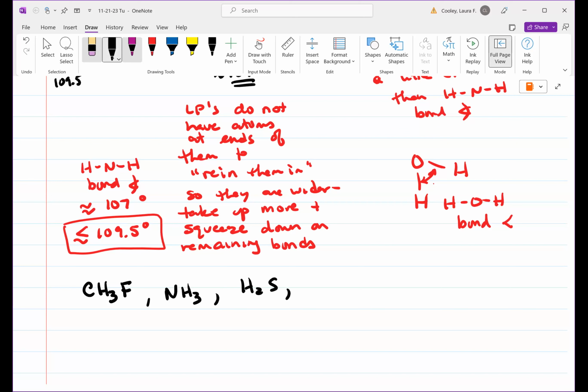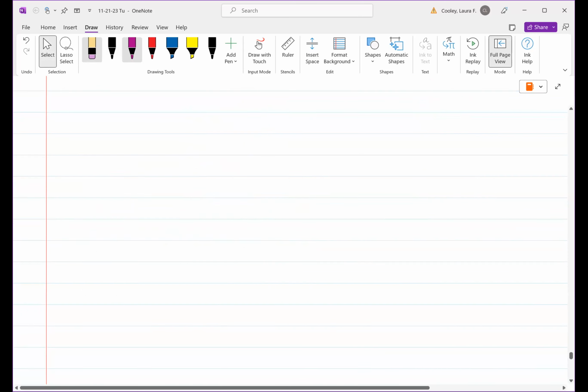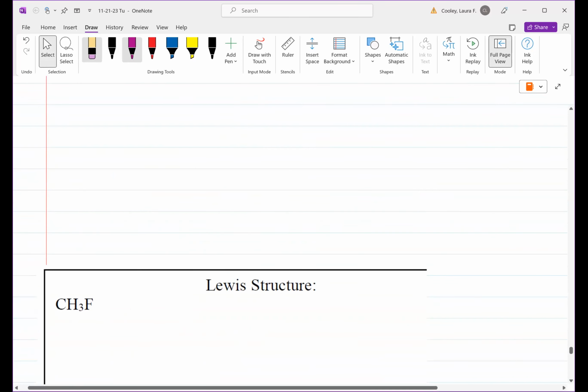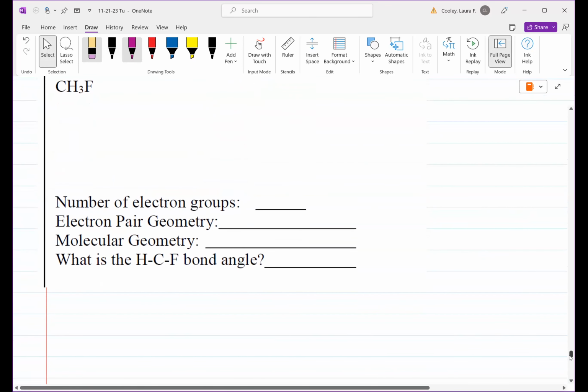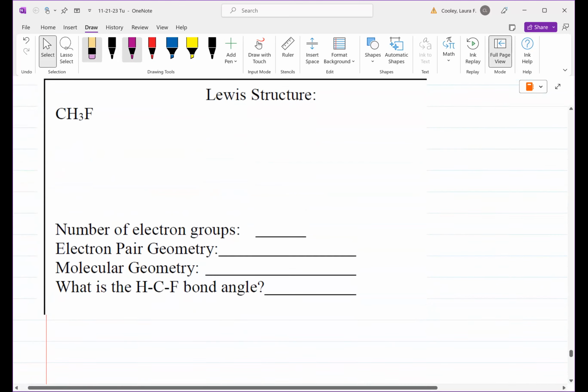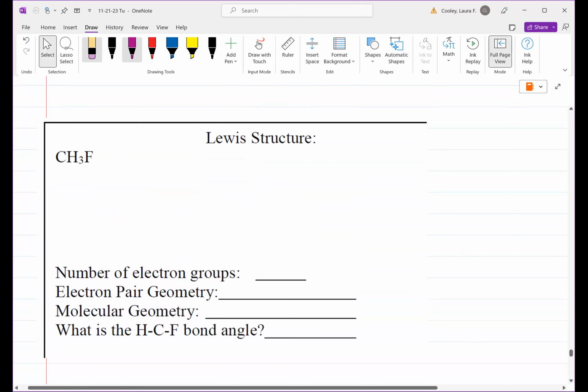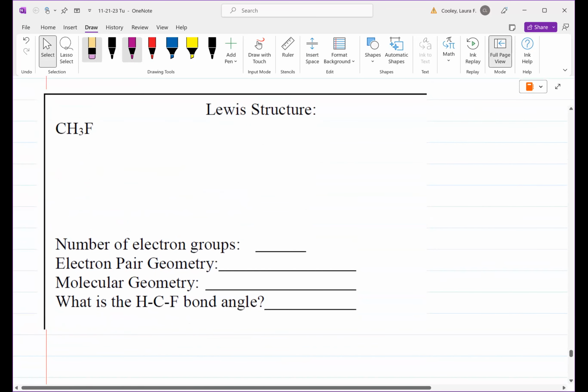H2S and CCl4. We take a look at the first one of those. It's in the packet. It's the last thing in the packet. I'm not putting this geometry on the test. Like I said, I stopped before that.